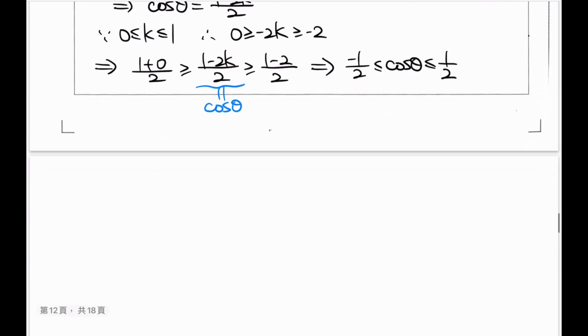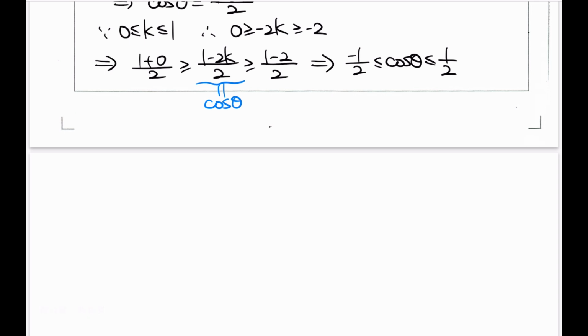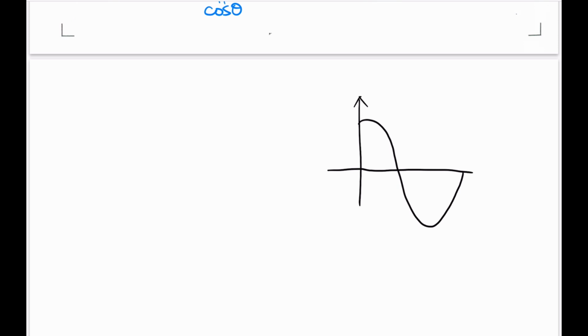Alright, so now we have the range for cosine theta. Now let's determine the range for theta. If we look at the graph of cosine theta from 0 to pi, you'll see that there are two intersections of this graph with y equals 1/2. Here, the blue line is y equals 1/2, and the other is y equals -1/2. So there are exactly two intersections of the graph of cosine with these two horizontal lines.